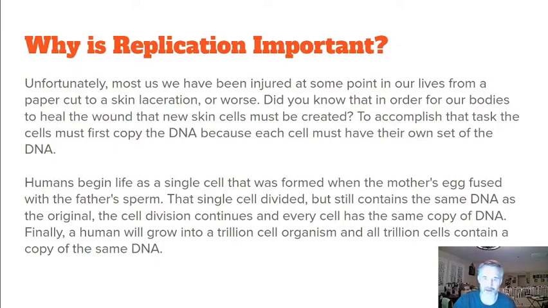So that single cell then divides, and it still contains the same DNA as the original, and the cell continues, and every cell has the same copy of DNA. Finally, you eventually get this multicellular organism made up of millions, trillions of cells, in the form of a human, or some other animal or plant, or really any living thing that we know of basically has DNA as its genetic material.